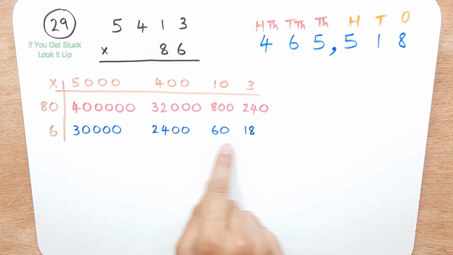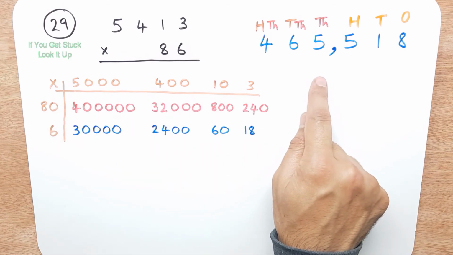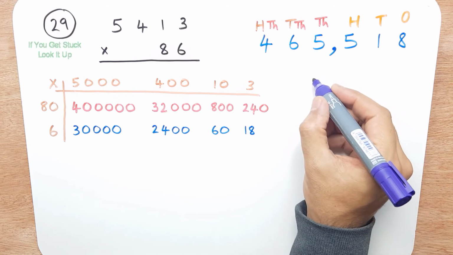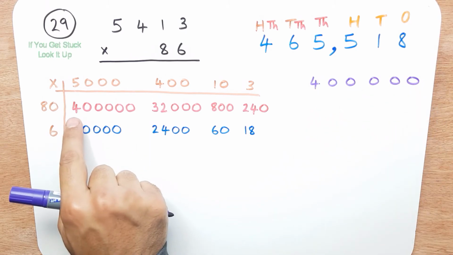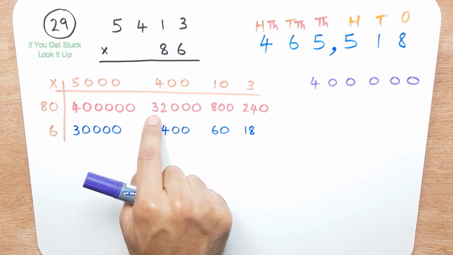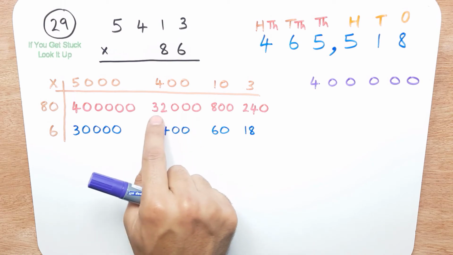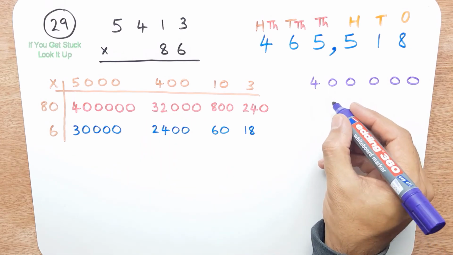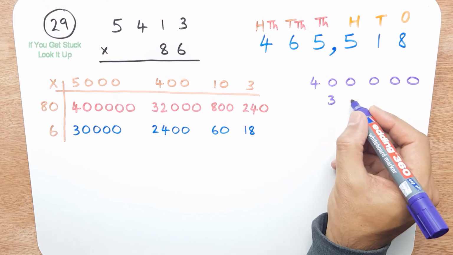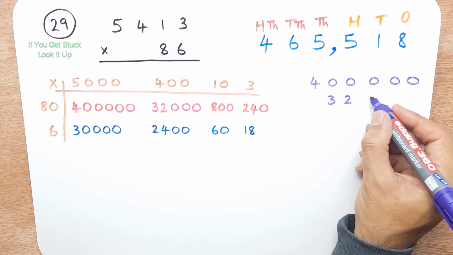Now I simply add these using column addition. So I'm going to write those there very carefully. I've written that number down. Now I have to write this very carefully. I have to make sure everything is in the right column. So this is 32,000. So I have to write the 3 in this column, followed by 2, and then 3 zeros.